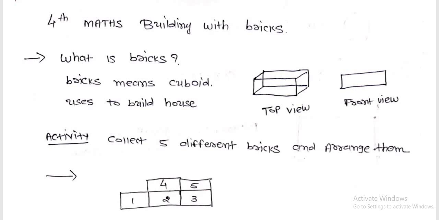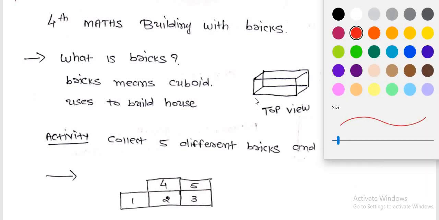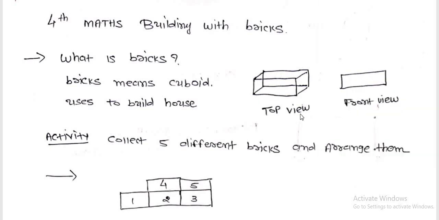Here I have drawn one shape of a cuboid. You can see that in our daily life, this type of cuboid is used to build houses. And here I have drawn its top view. From the top, bricks look like this.